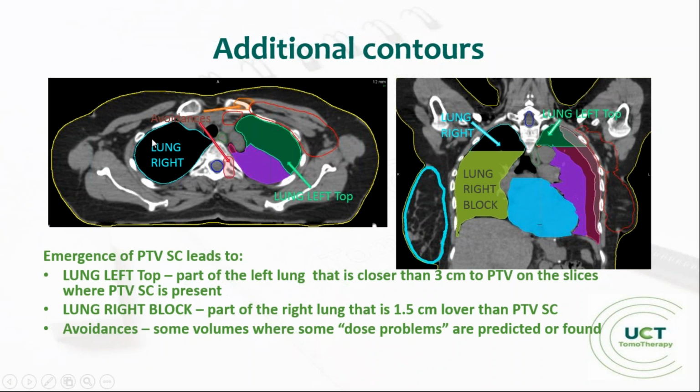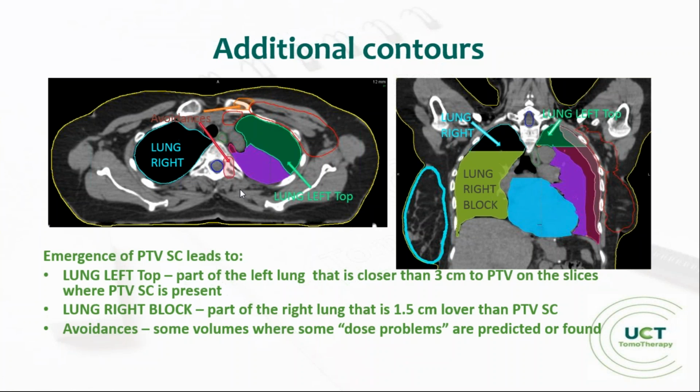So lung right, this part, is directionally blocked. So beams can't go from this side, but they can go from this side. And also spinal cord is directionally blocked.